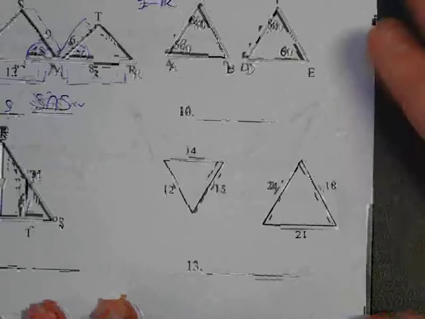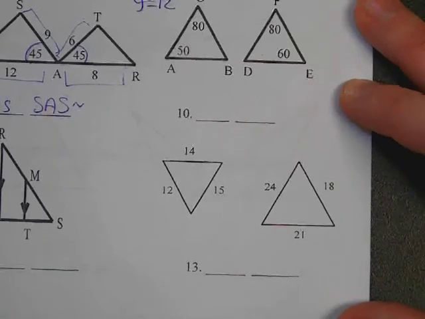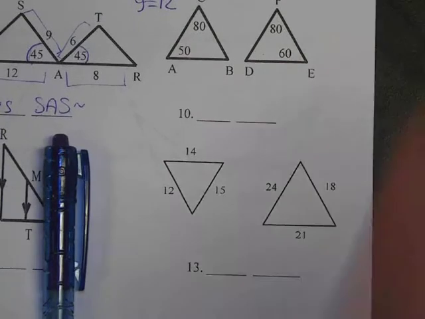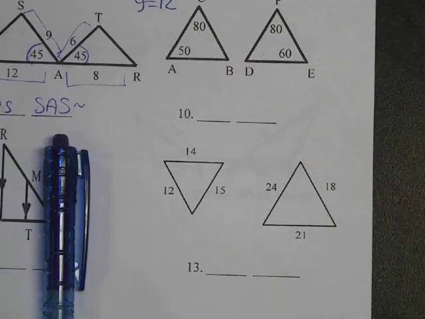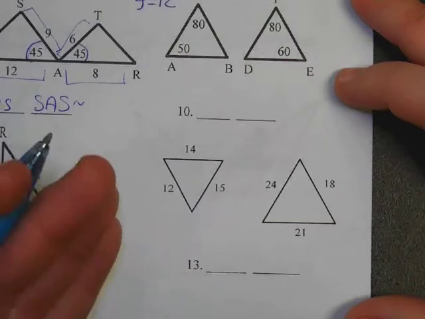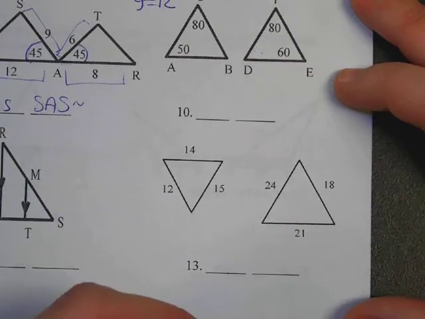All right, number 13. Number 13, we have three sides set with each other, and we need to look to see if they are proportional, because when we check sides are proportional, we need to make sure that we're comparing the right sides. When you look at this, our triangle right here is essentially flipped.